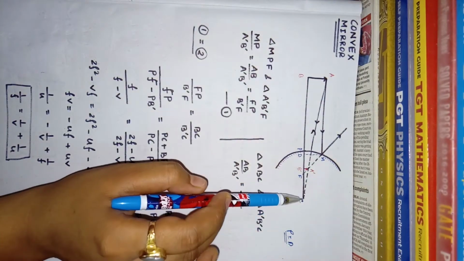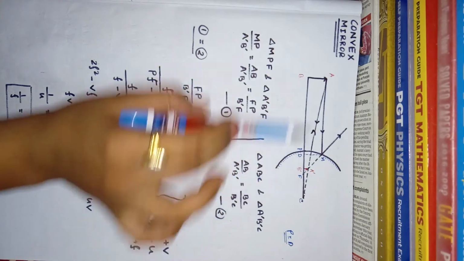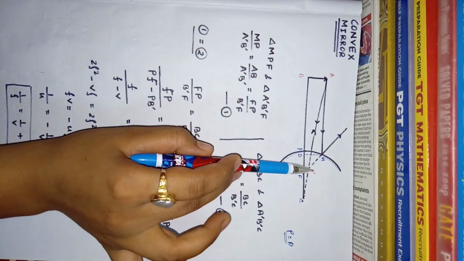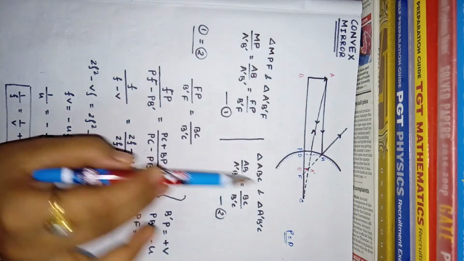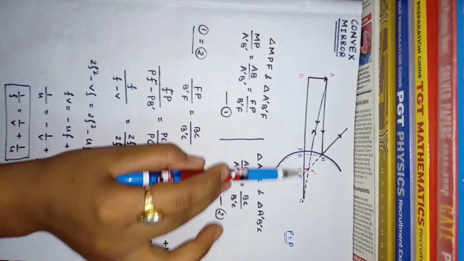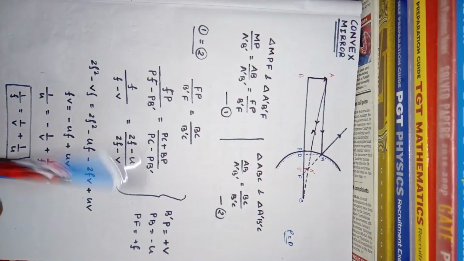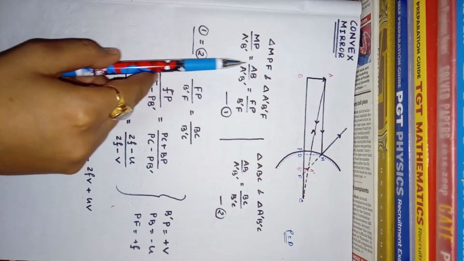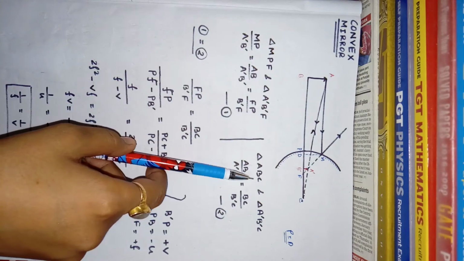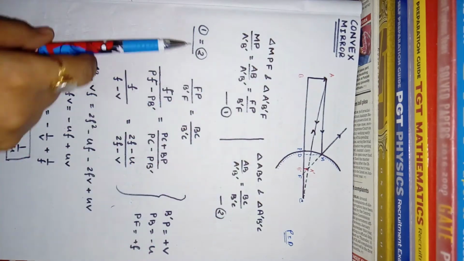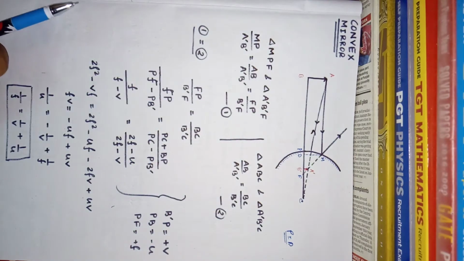On the other hand, for these two triangles A, B, C and A prime, B prime, C, height by height and base by base, right? Now after getting this, these two terms on the left hand side are equal, so we can equate the right hand side. After equating, we have this equation.